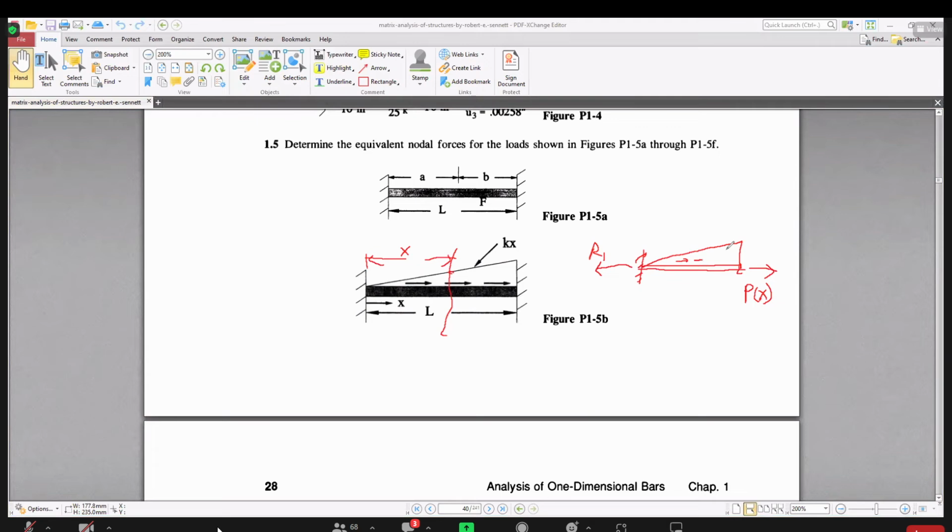At x, it is kx. So at this point kx, it is k times x. When x is L, it is kL. So now when it is at x, it should be kx. So this one is kx.